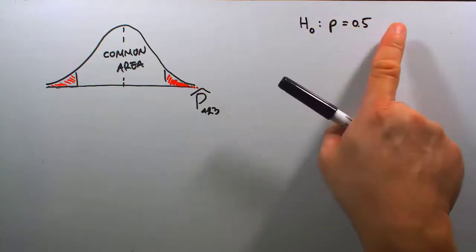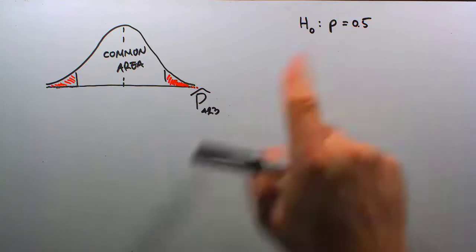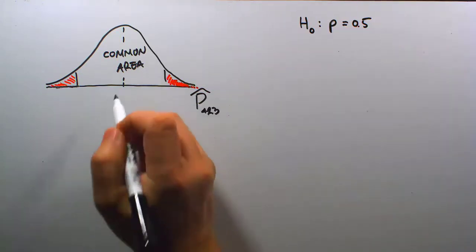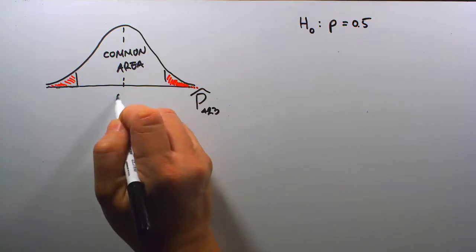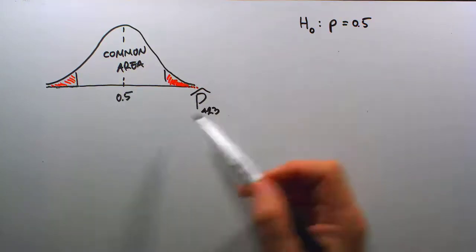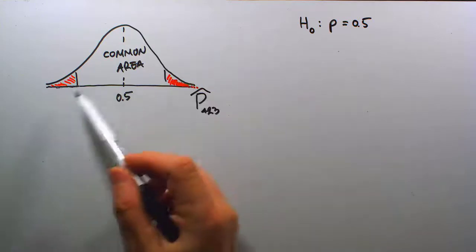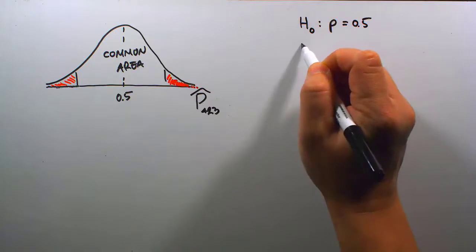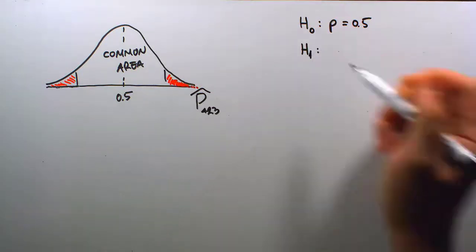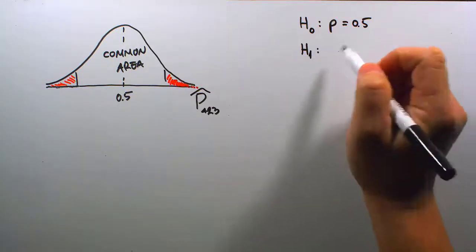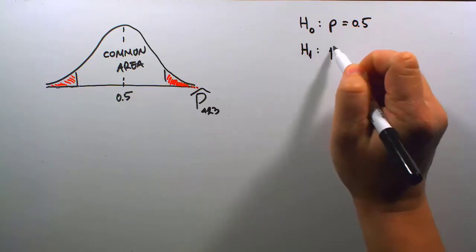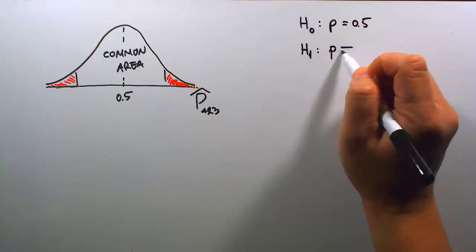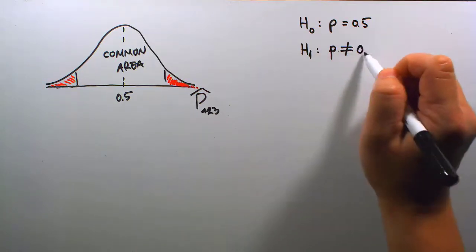If that null hypothesis was true, then consequently the value being claimed in our null hypothesis, according to the central limit theorem, would become the center of our sampling distribution bell curve here. But now looking at our alternative hypothesis, the counter argument is saying that generally P is suggested to be other than 0.5.